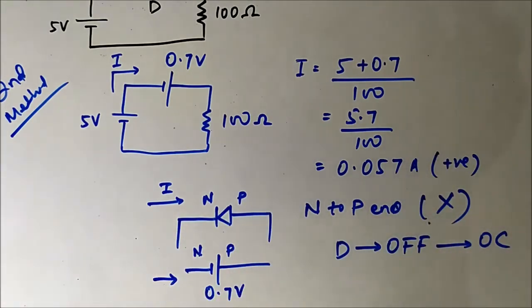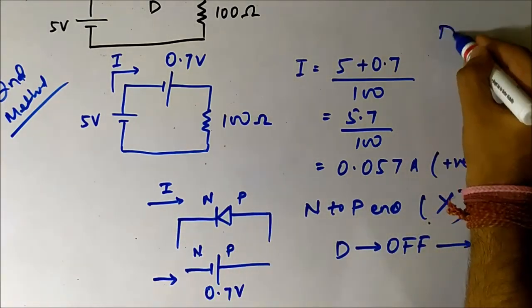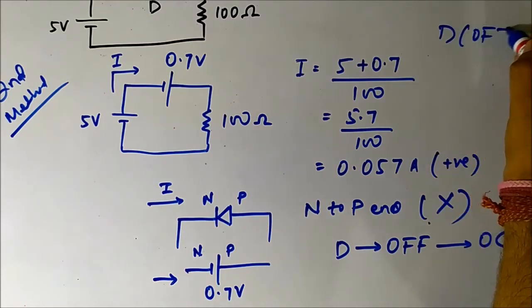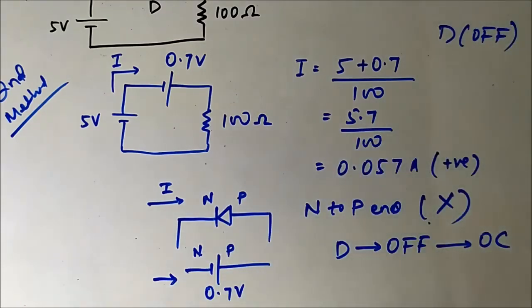Both ways we get the same result, that the diode is off. You can use any method as per your choice and comfort level. So this is the second question that we have discussed.